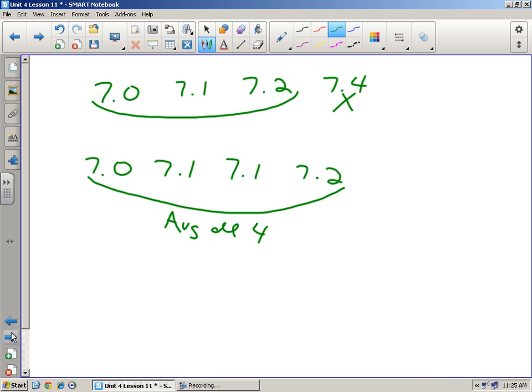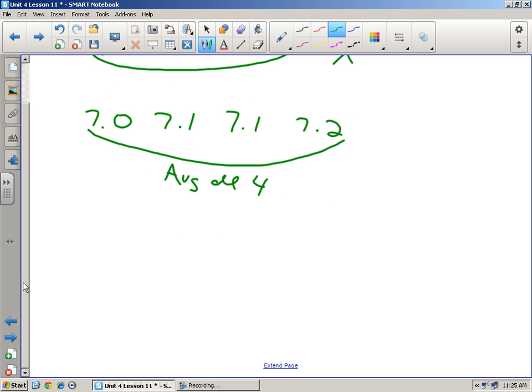What happens if you got numbers like this? Now, this is probably not going to happen to you, but I'll just tell you a little bit about this. Let's say you get these numbers here. Let's say you're a little bit exuberant and you decide, hey, I'm going to do more than what I need to do. I'm going to do 5 experiments tomorrow just to make sure I'm very accurate.